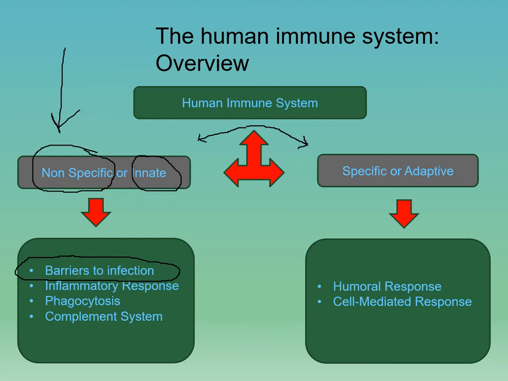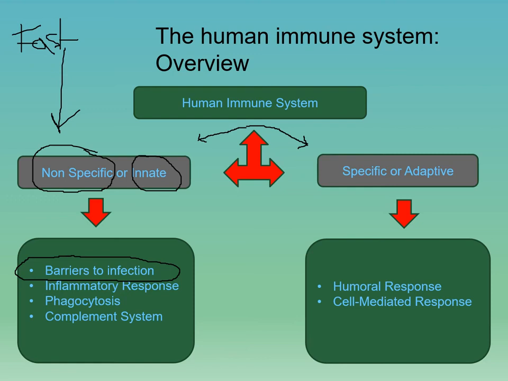So that's what we mean by non-specific. It just knows it shouldn't be there and it responds. One of the beauties of this system is that it's extremely fast. So if something does manage to break your mucous membranes or get inside your cells, or inside your body, should I say, then the non-specific system will work very, very quickly.